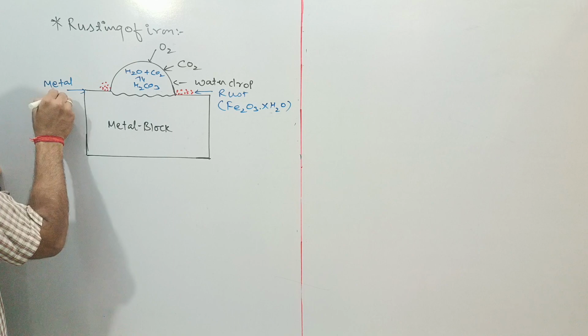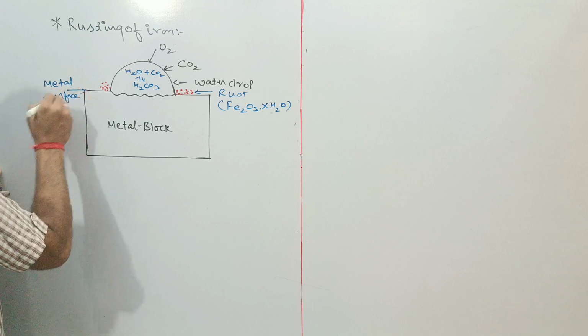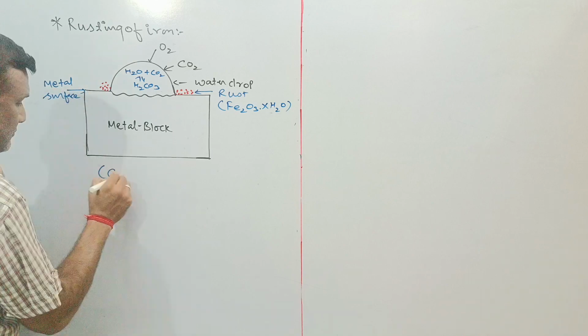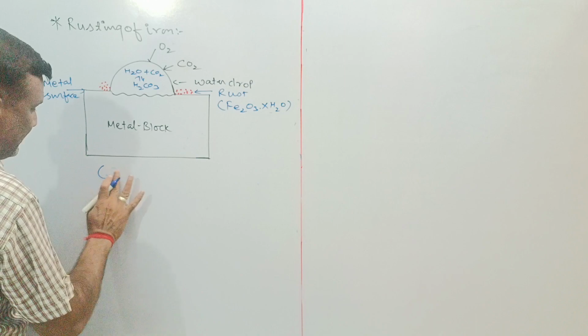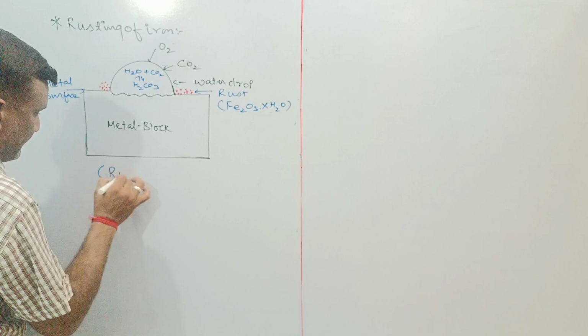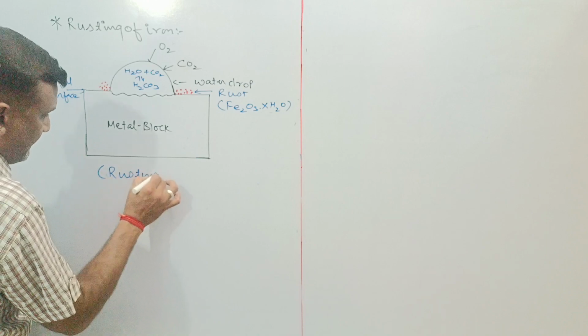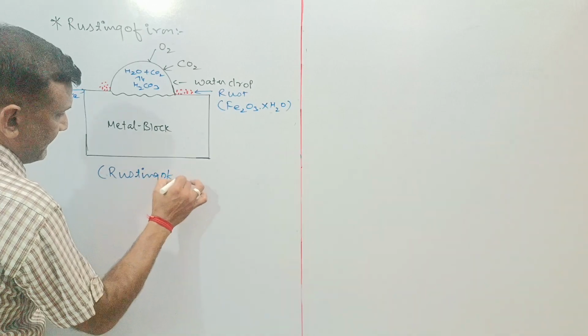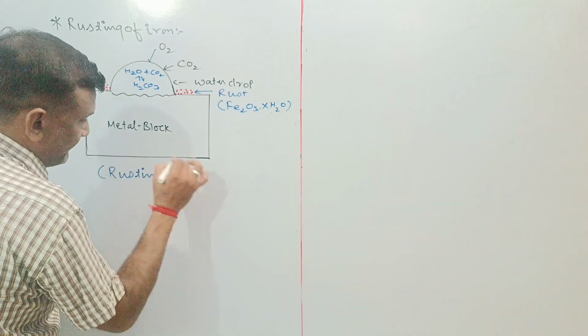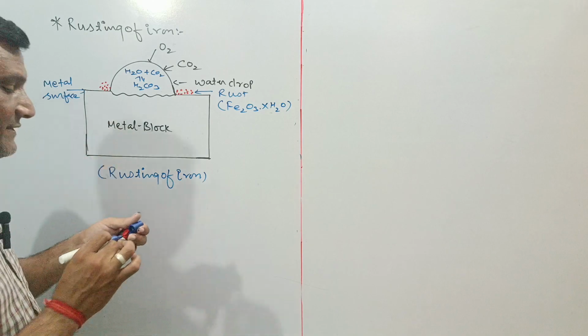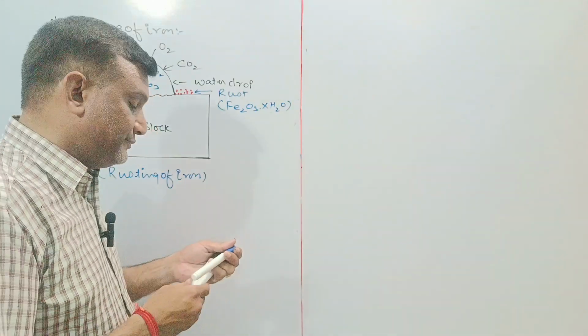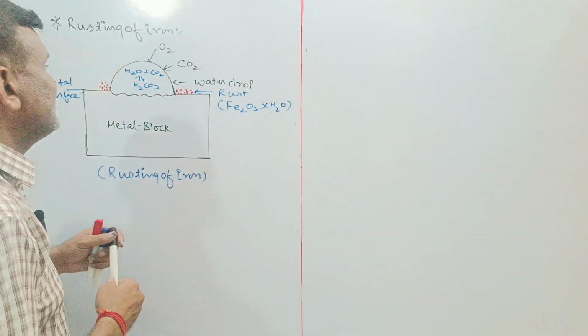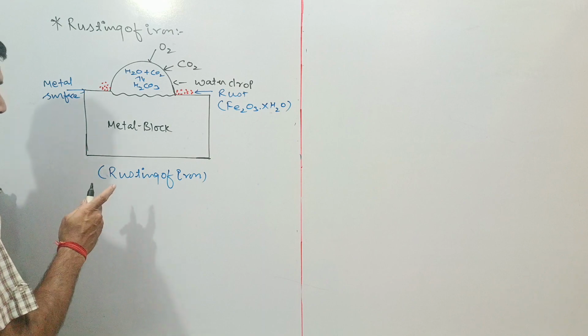This is the diagram regarding rusting of iron. Here there is formation of an electrochemical process or cell. That's why it is also called electrochemical corrosion.